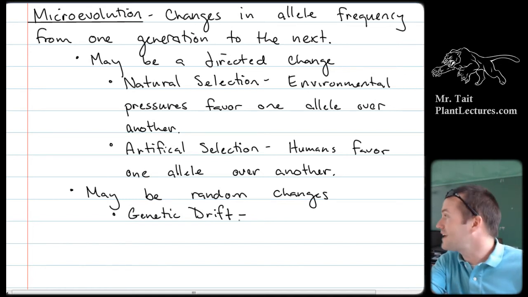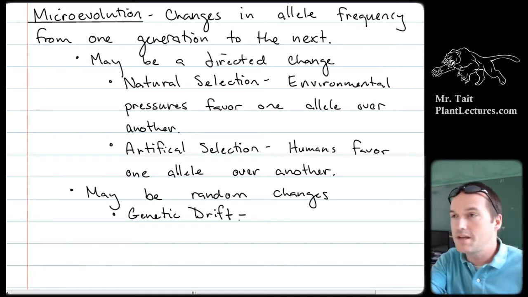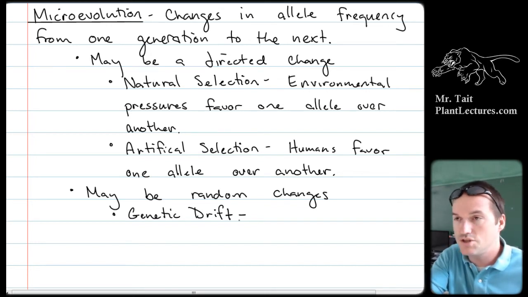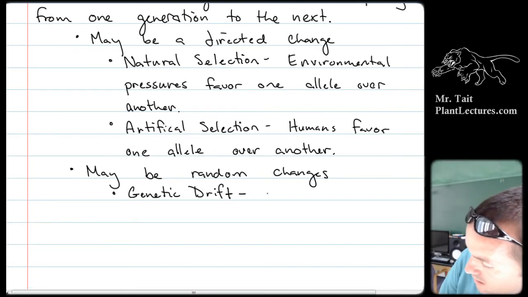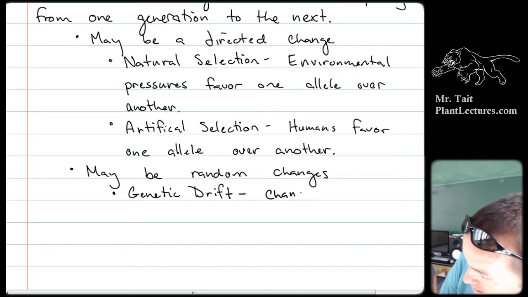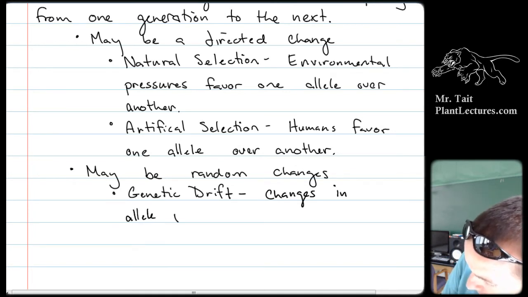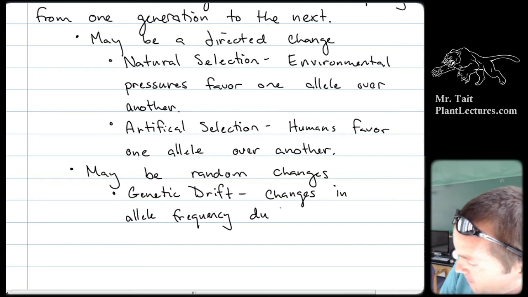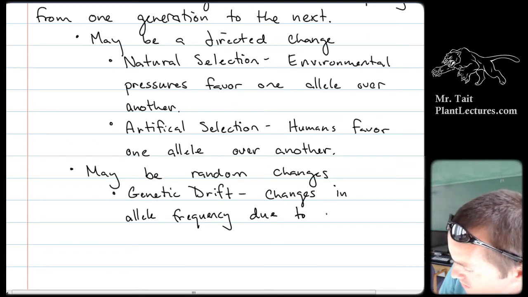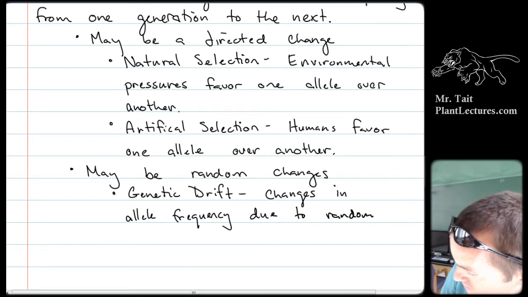And so that's what genetic drift is all about. Sometimes just random chance causes gene frequencies to shift, right? Sometimes when you flip a coin 10 times, you get 10 heads, right? So, genetic drift: changes in allele frequency due to random chance.